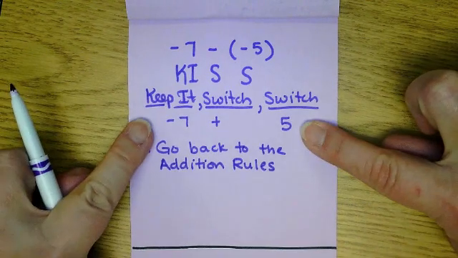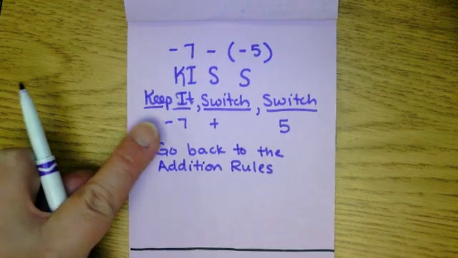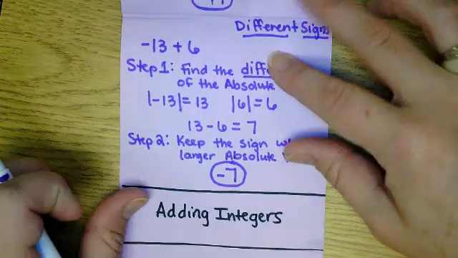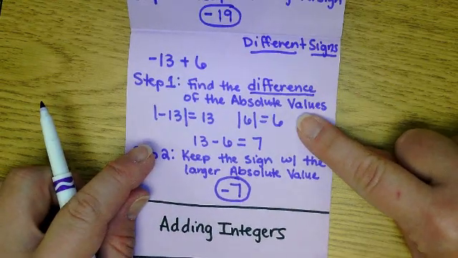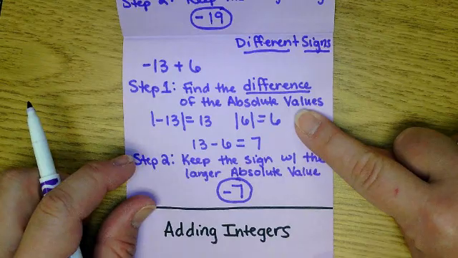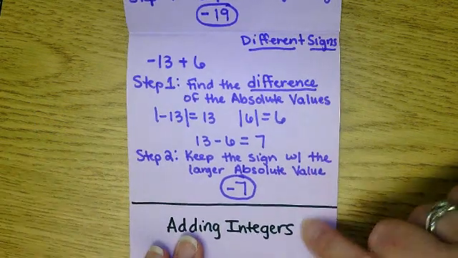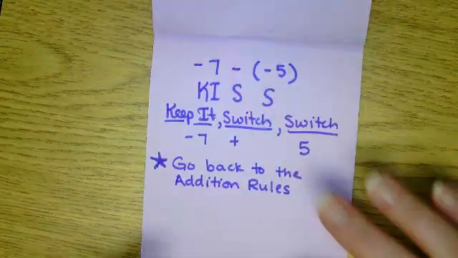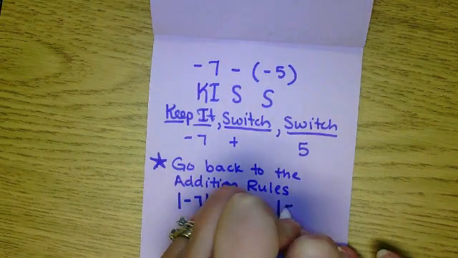Which means you're going to look at this as your new problem. You're going to go back up here, and these signs are different. So we're going to follow the rules of different signs. So it told us to find the difference of absolute value. And then we keep the sign of the larger absolute value. So if we follow these rules, we're going to subtract their absolute values.